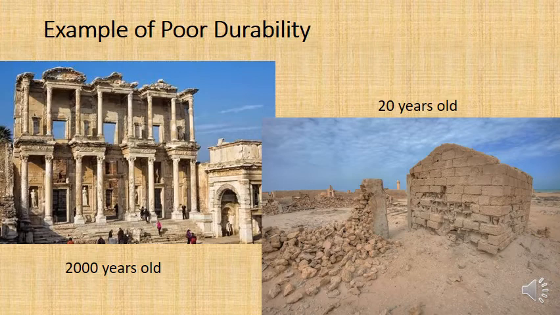Now compare that with the library in Ephesus. That's built from limestone marble, and it's not made from concrete, but you can see how well that's been maintained. In 2,000 years, the facade of that library hasn't fallen down. The rest of the library actually was destroyed in war.